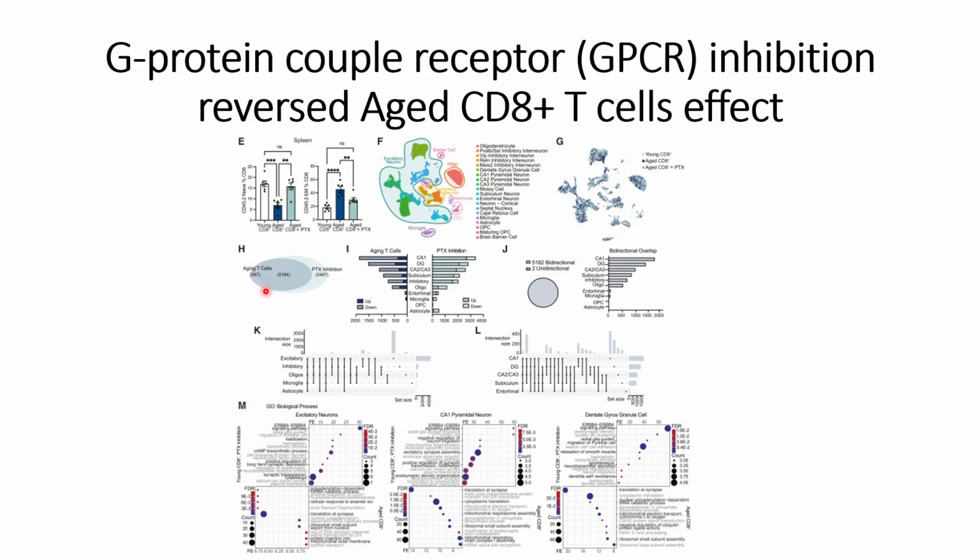This is what they finally concluded from this figure: that the G protein coupled receptors play an important role in the changes they have seen when compared with the young CD8 plus T cells. And these changes can be rescued or reversed when the G protein coupled receptors are inhibited, and here the inhibition is done using the PTX.